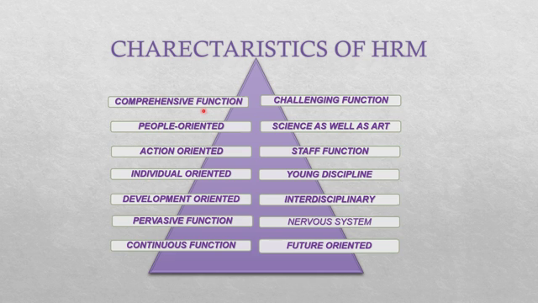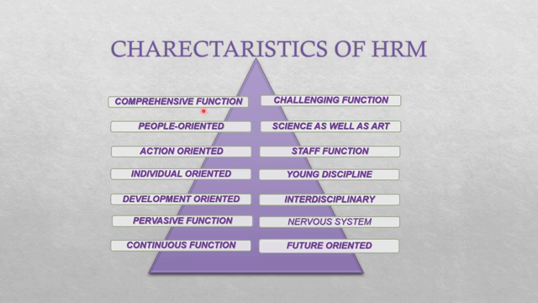Then comes the middle level management. Now middle level includes the supervisors, you can say the senior clerks, your managers. These come under your middle level. Now lower levels are your laborers, clerks, subordinates. These are your lower level managers.